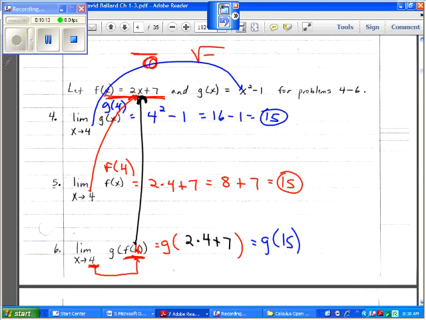So if we hadn't already known f of 4, we would have taken the 4 and found the value of f of 4, which is 15, and then we've got to take that 15 and put it in place of the x in the g function. And so we're going to have 15 squared minus 1. 15 squared is 225, minus 1 is 224.